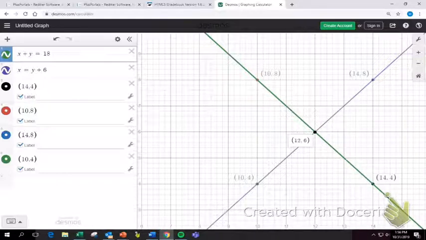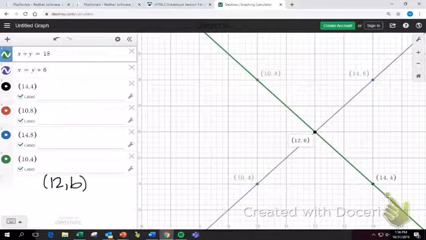Now, what's the solution to this system of equations? What is the solution, everyone, to this system of equations? 12, 6. However, that is not the answer we're going to box in, because this is a word problem. And if you go back to the word problem, what is the very last sentence in the word problem?